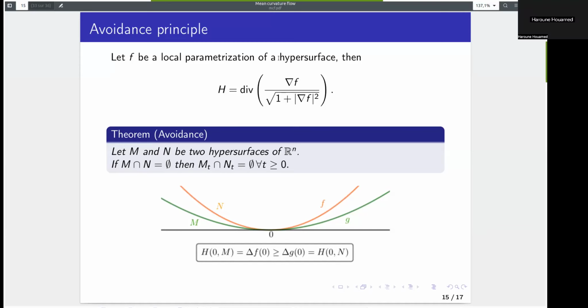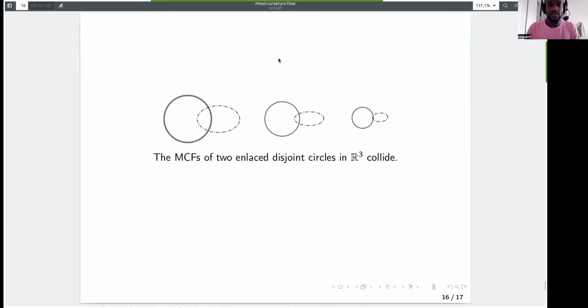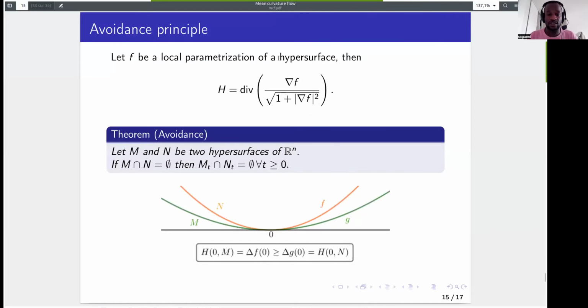Okay, thanks. So this will lead to another bad property about mean curvature flow, which is the following. First I have to say something: the mean curvature flow in higher codimensions does not satisfy the avoidance principle just listed here.